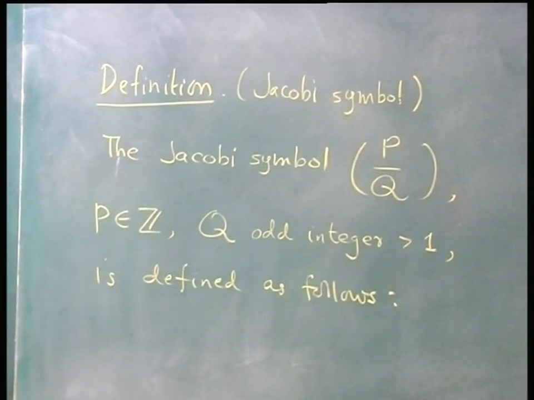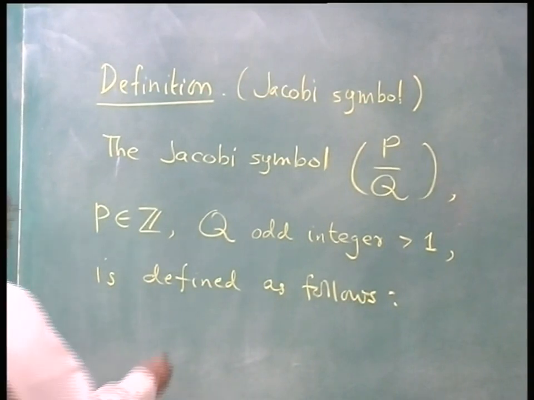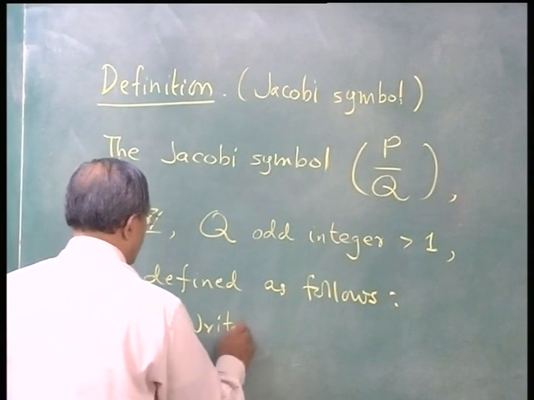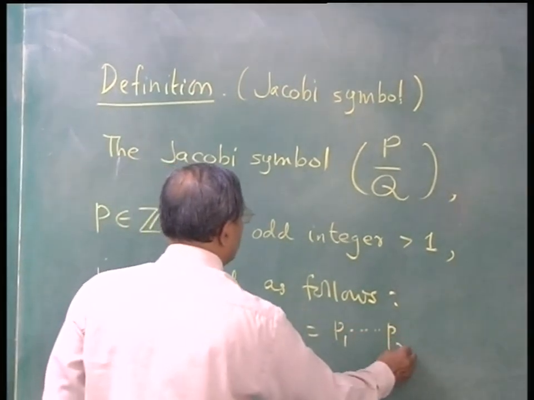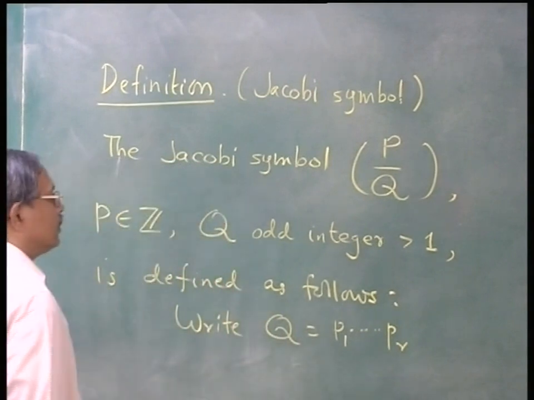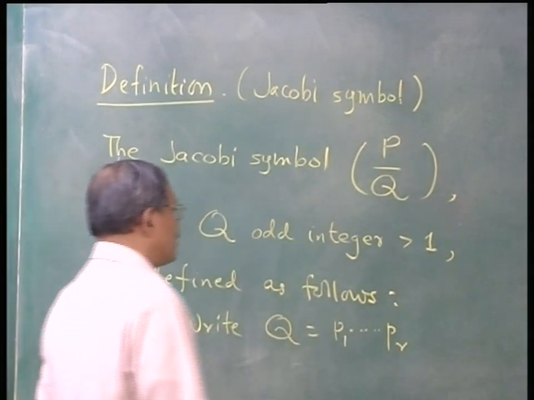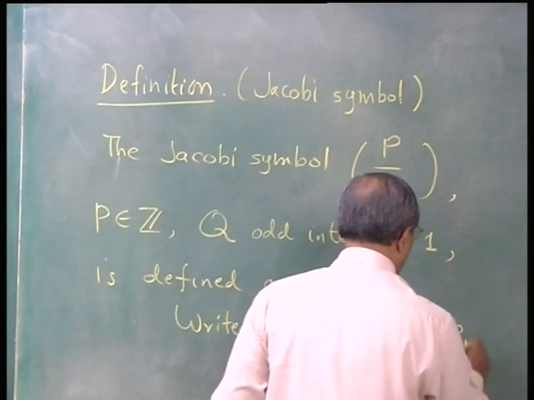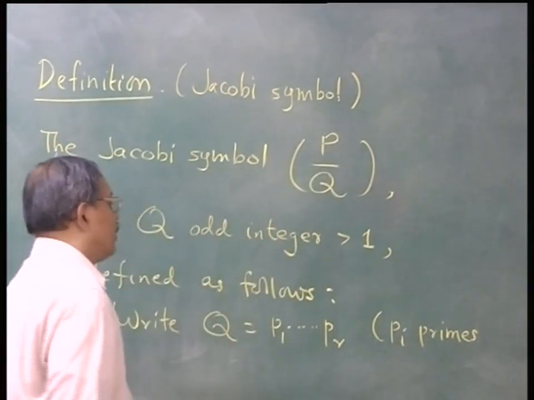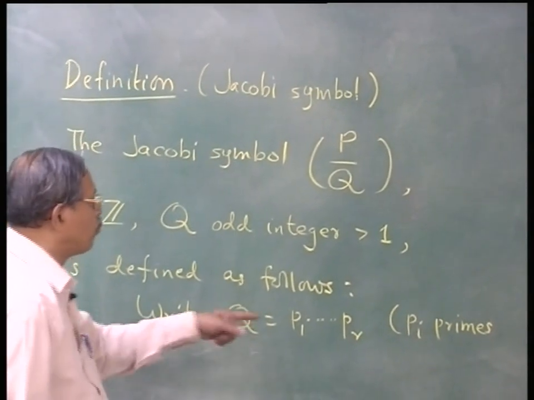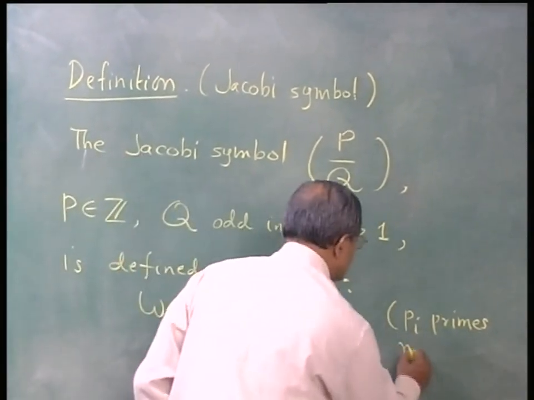Write Q as a product of primes. Q equal to Q1, Q2, up to QR. These Qi are primes, not necessarily distinct, like Q1 square, you write Q1 into Q1.